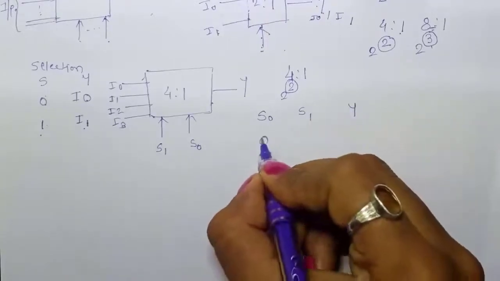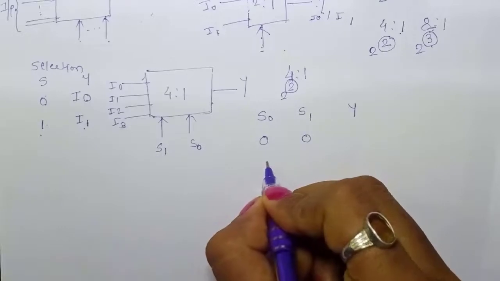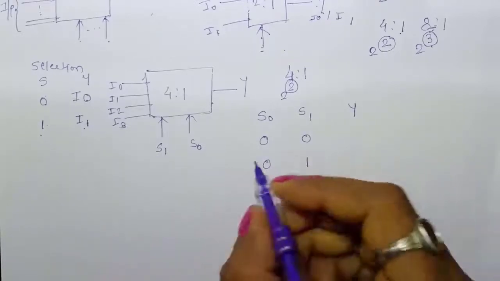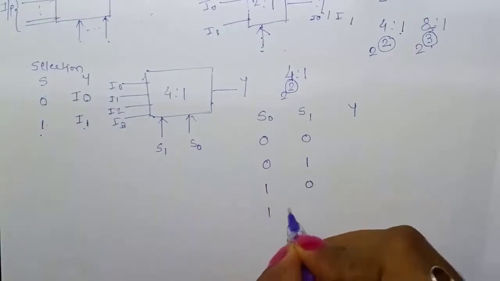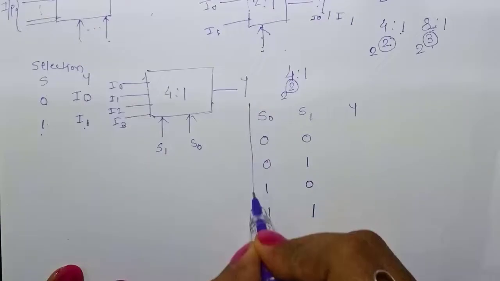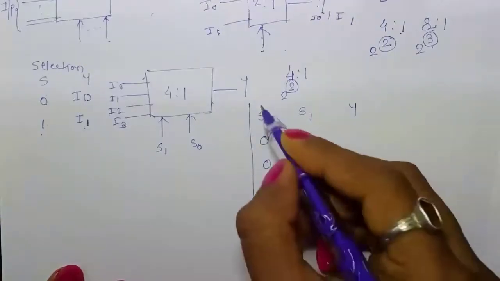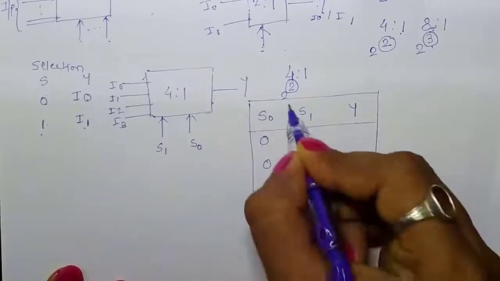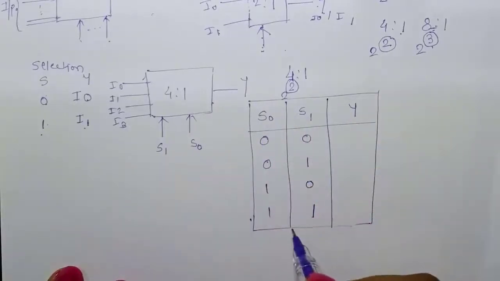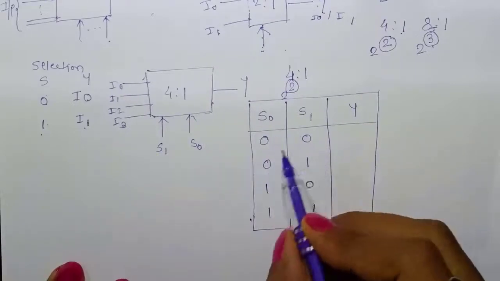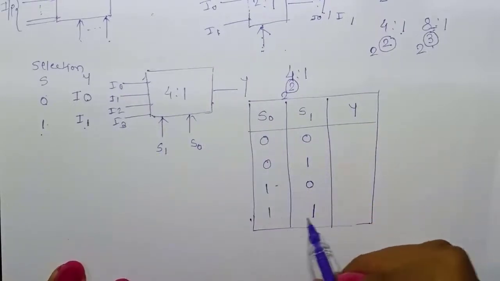Now, 2 selection lines means there are 4 combinations, 0 0, 0 1, 1 0 and 1 1.